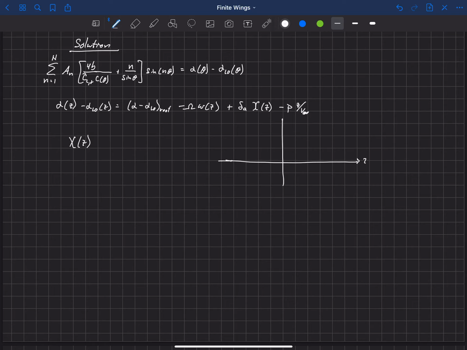I'm going to draw this with positive z in that direction, and we're going to look at chi. The way we're going to remember that positive z in the aerodynamic coordinate system actually goes out the left. So this is the left wing, and this is the right wing, just in the coordinate system that we're using.